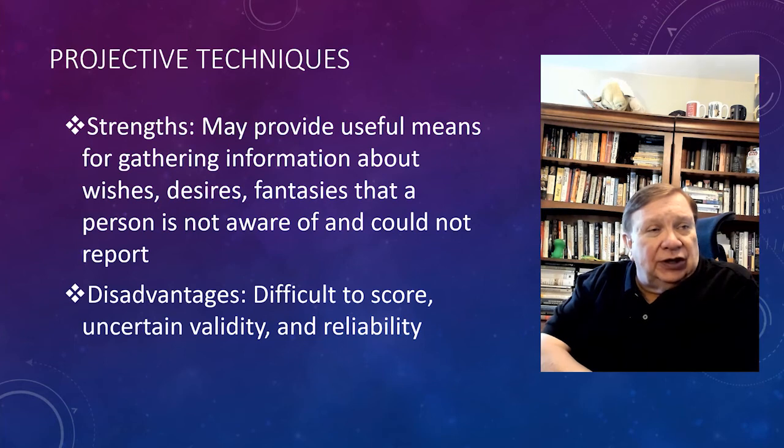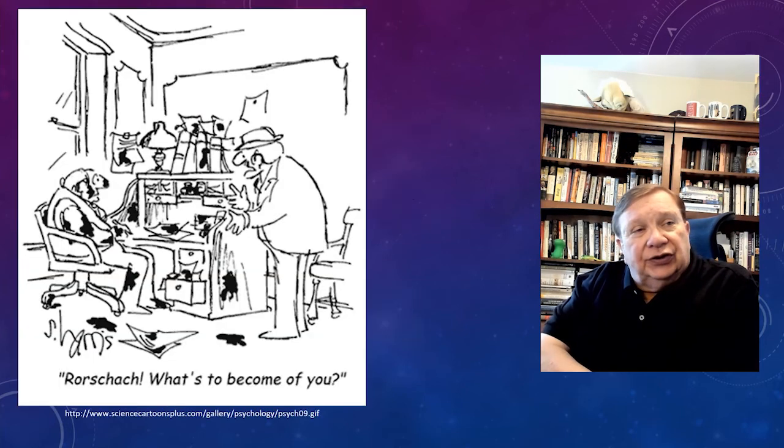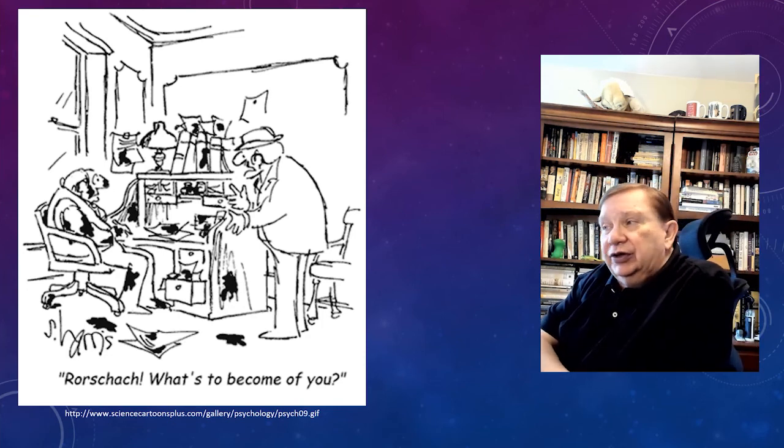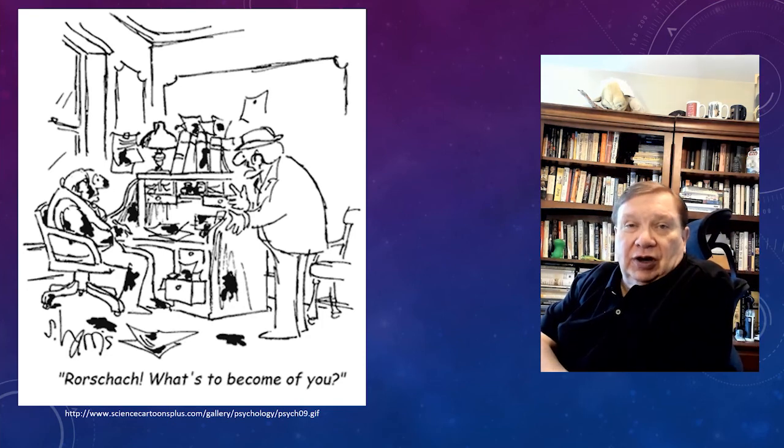Sometimes TAT and other projective work have given dubious results, and validity and reliabilities generally are on the low side. And one of the other consequences is if you go too crazy with your ink blots, it can mess your life up in some interesting ways, as it did for our little picture of Rorschach here.